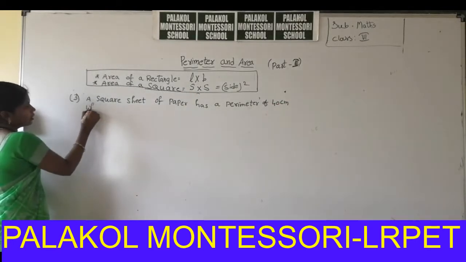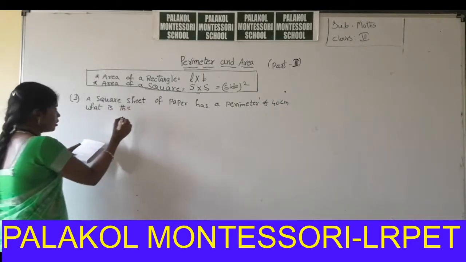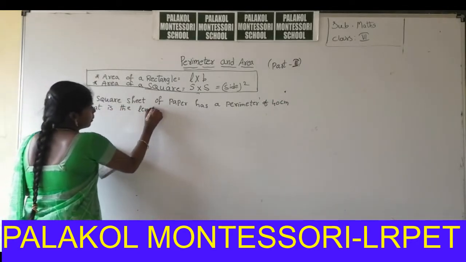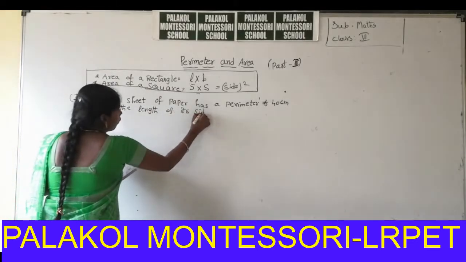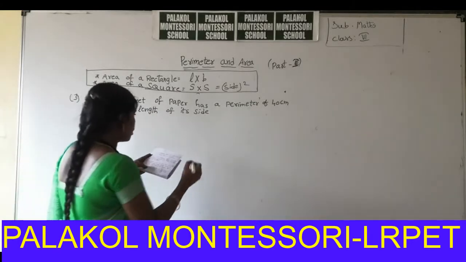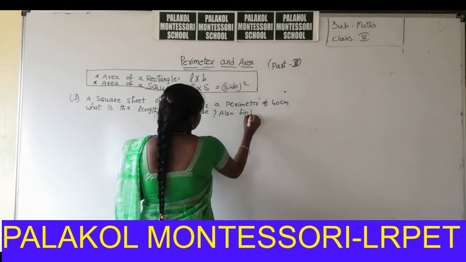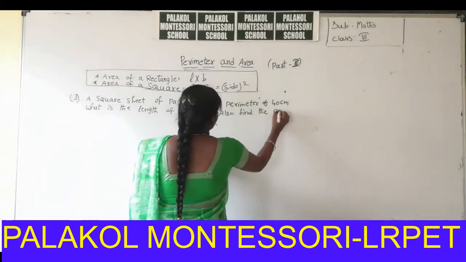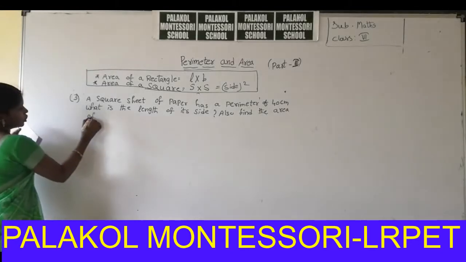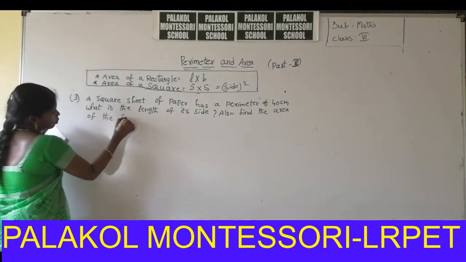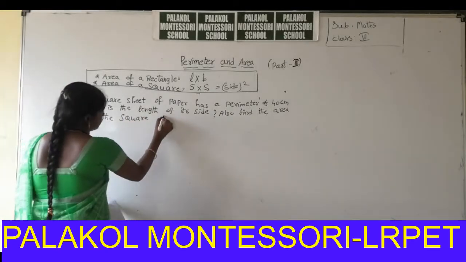So what is the length of its side? What is the length of its side? And also find the area. Find the area of the square sheet. There are two questions asking about the square sheet.